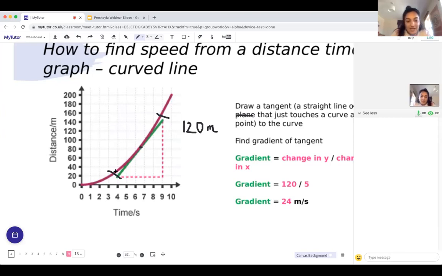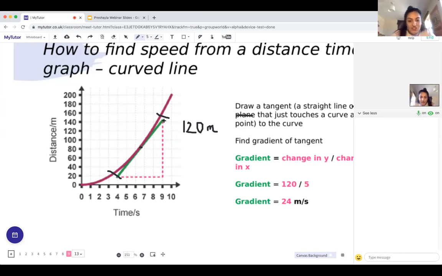We just want to take it from here to here, just where the two lines match the most. So don't worry about going all the way down to 0. It's not necessary. You just need to get as big a triangle as you can. So we use the same formula to find the gradient of this straight line here.